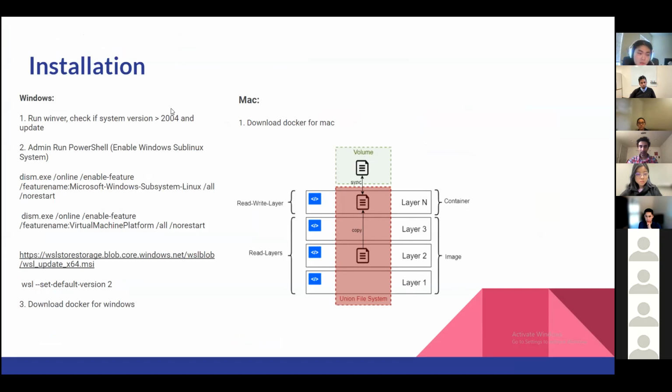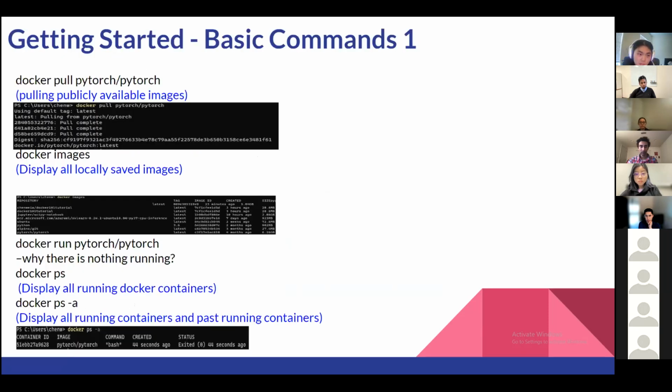To install Docker, nothing is special for Mac, but for Windows, you have to run winver to check and make sure you're above version 2004, and then go to PowerShell as administrator and run these commands to enable the Windows Subsystem for Linux. But we're not going to do that today due to time limits.